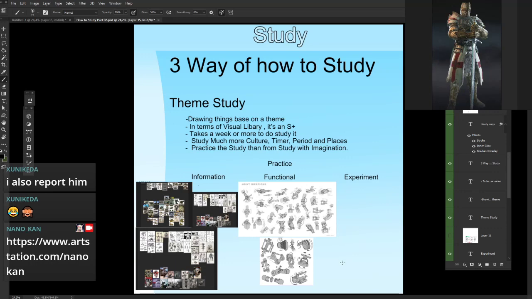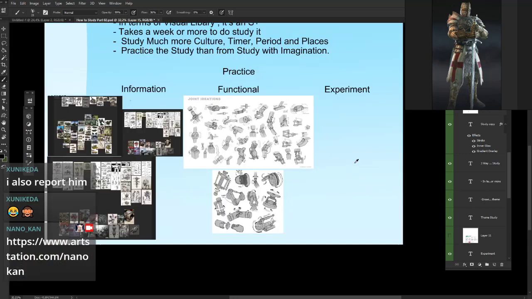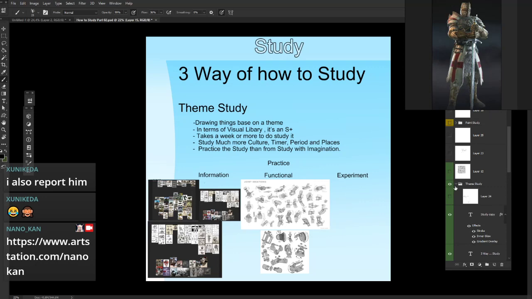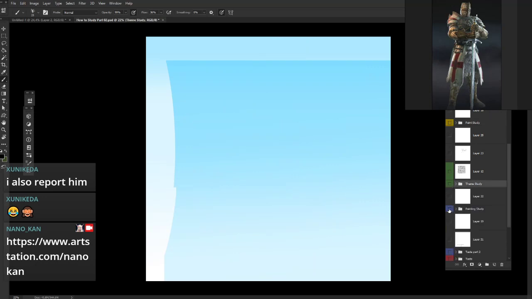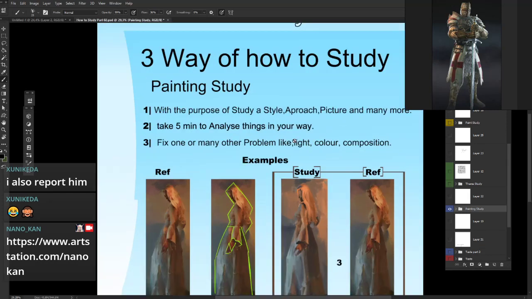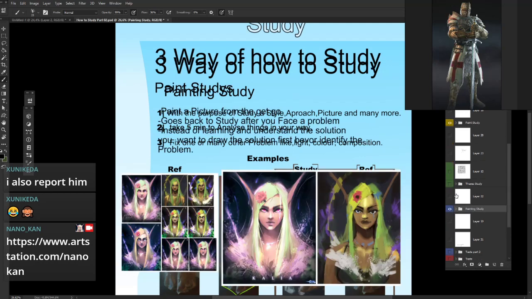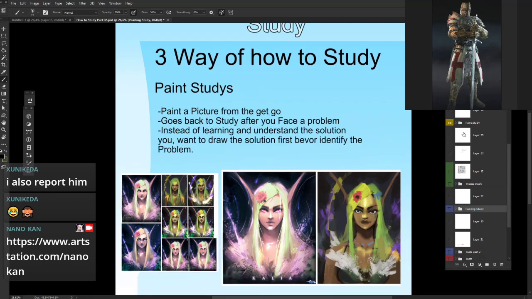For example, it can be real mecha or fantasy mecha, but then you need to learn this type of thing. And painting study is much more: you take a picture and analyze it and then paint that picture. That's the difference between those things.